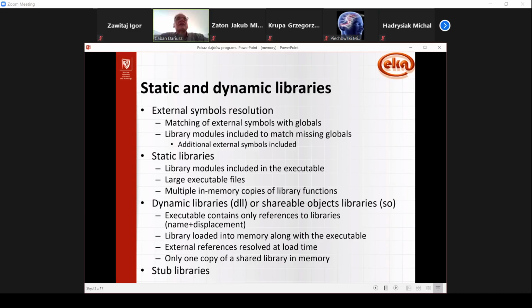That means that there is just one copy of the library in memory, and this is a very distinct advantage of dynamic libraries. There is another advantage of those types of libraries, that the code is never inside the executable. There is, I am afraid, also a disadvantage.